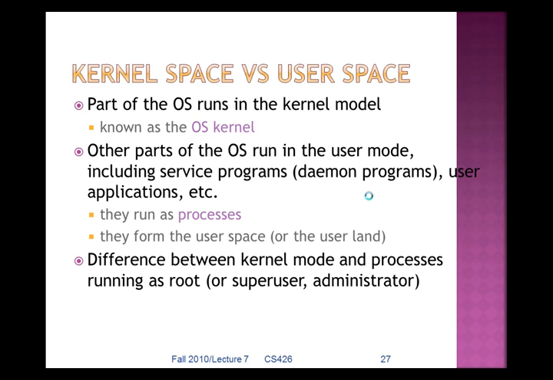The difference between kernel mode and user mode is the processor running mode known as root, that is the super user, the administrator. That is the main difference between the user mode and the kernel mode. If the administrator has every authority, then the user also gets authority if the admin chooses.